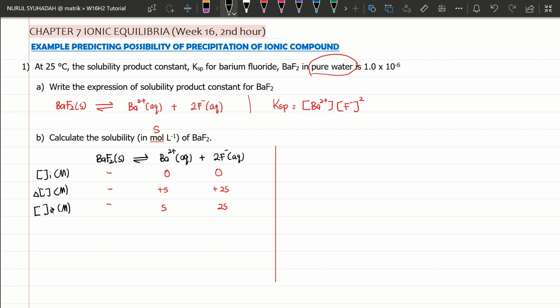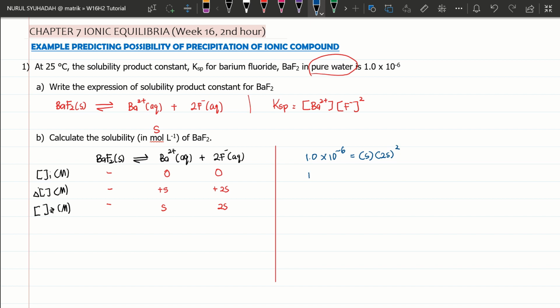Okay, so nilai KSP kita, saya gunakan warna biru lah. Okay, nilai KSP kita tadi adalah 1.0 darab 10 negatif 6. Okay, and then the concentration of Ba2+ at equilibrium S, concentration of F- at equilibrium 2S to the power of 2. Okay, so rearrange everything.